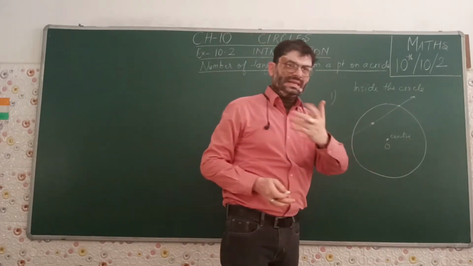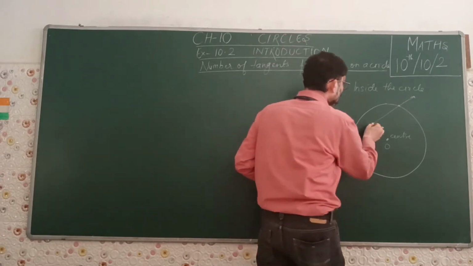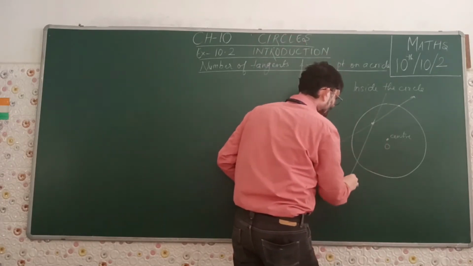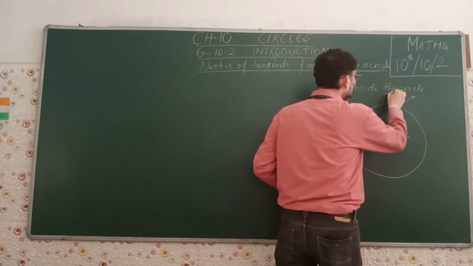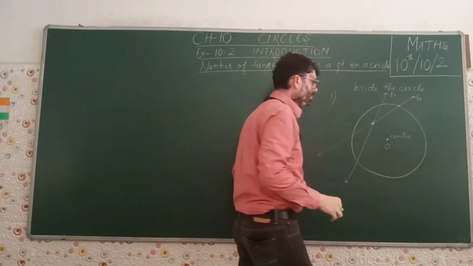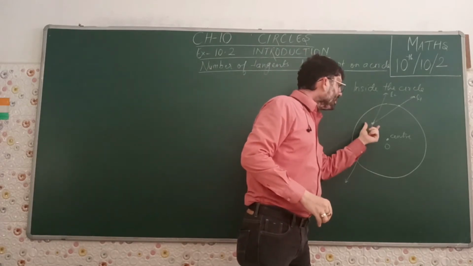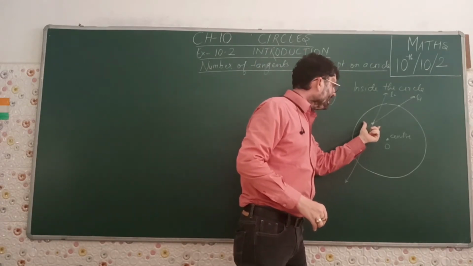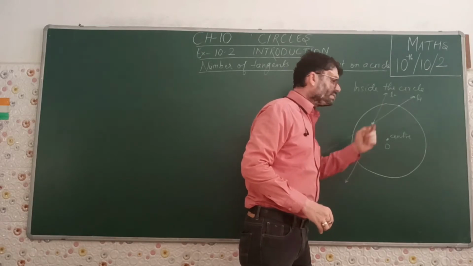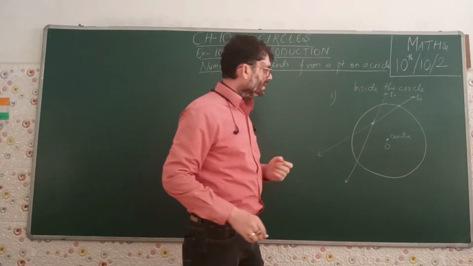So this cannot be the tangent. Suppose we take some other line this way. Suppose this is the line L2, say previous one was L1. Again L2 passes through our given point that lies inside the circle, but again it intersects the circle at 2 points. So this is also not the tangent.